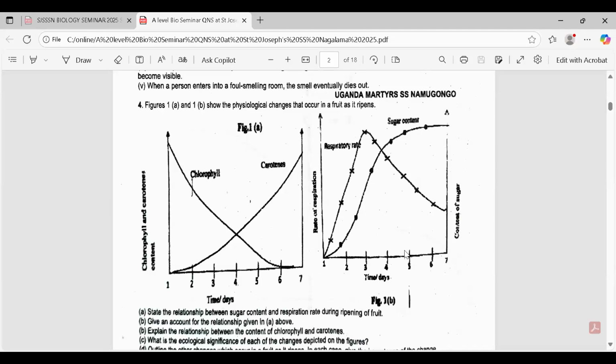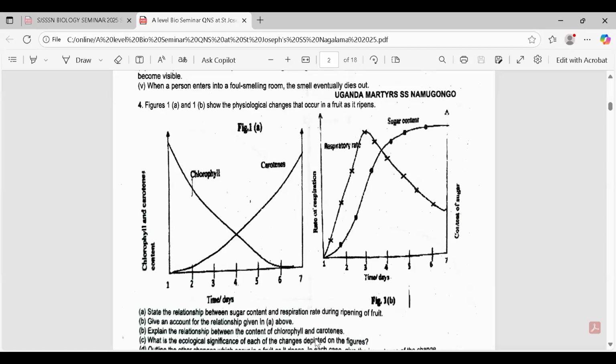For example, in such a graph, here they first ask you to give a relationship, and then in part B they ask us to account for the relationship. Now here you'll first give the relationship, then you account for it. When you finish accounting for the first one, then you go to the second one.